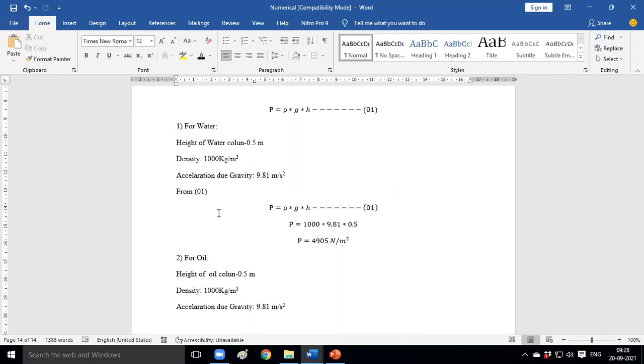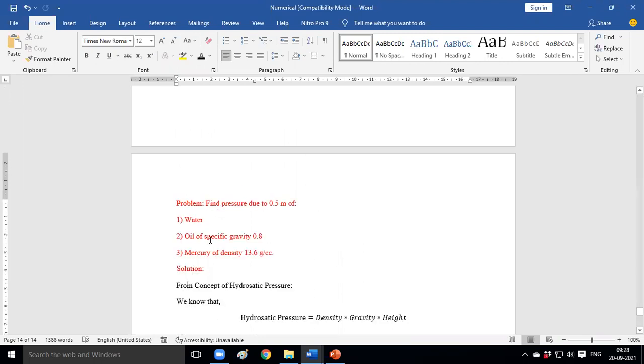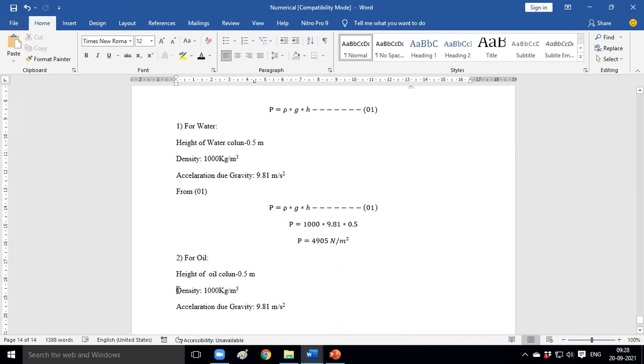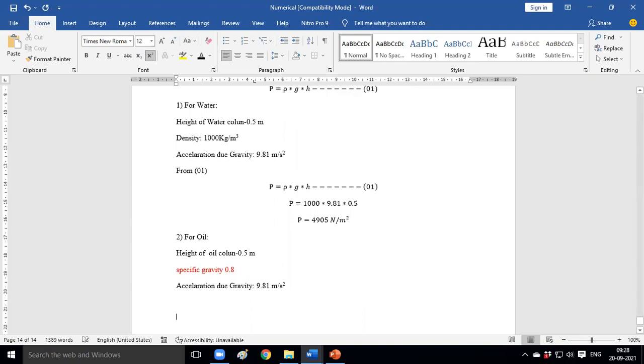What is the density? Instead of density, the numerical mentions specific gravity. And acceleration due to gravity is again 9.81 meter per second square.